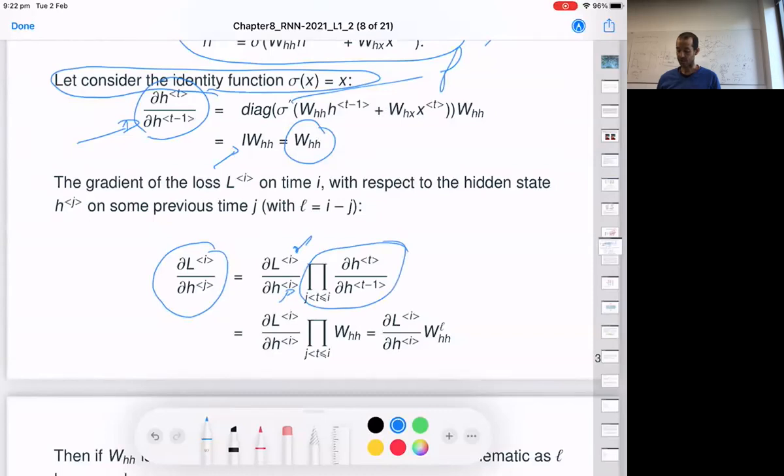And this product, as we have just seen in this simple example, is WHH. So you have WHH to the power l, because this product goes from t, going from j to i. So in fact, you end up with this derivative of the loss function at time i with respect to hj, going by this.